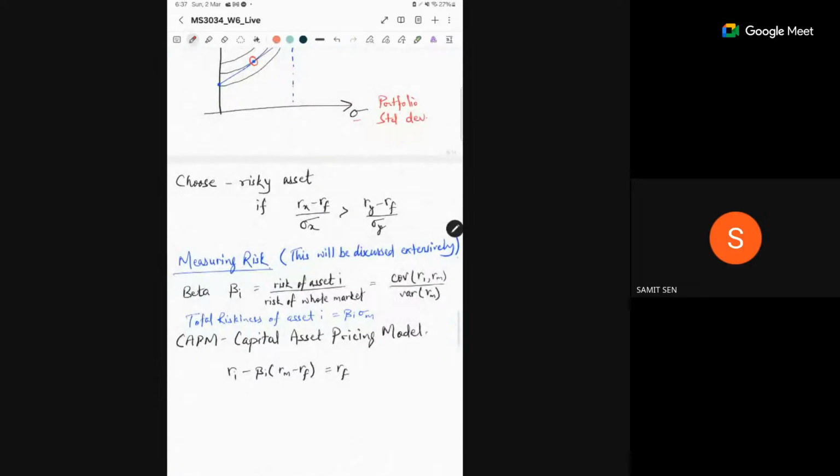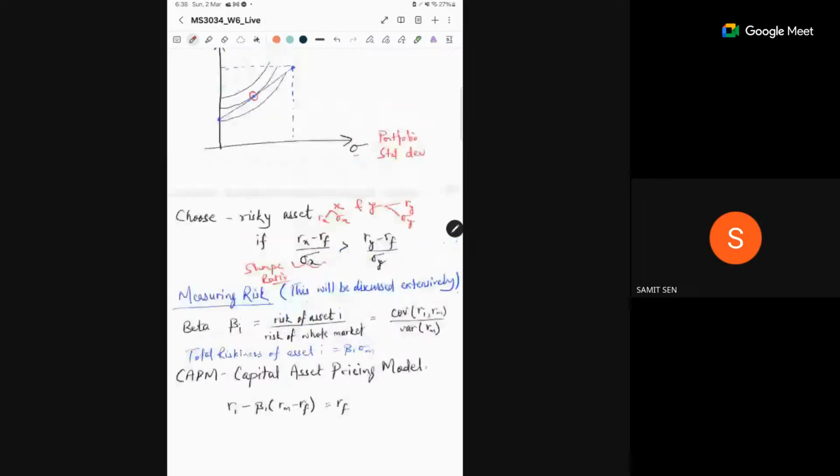Let's suppose there are two assets, X and Y, and X has mean return Rx and standard deviation sigma X, and Y has Ry and sigma Y. Then we compare this formula, which is known as the Sharpe ratio, which will be coming in the week 8 discussion if it has not come yet. We compare the Sharpe ratio of these two assets, and a rational individual would choose the asset which has the higher Sharpe ratio.